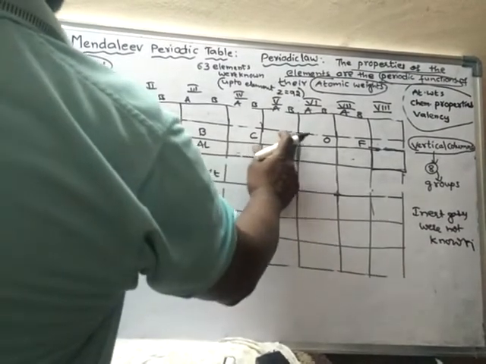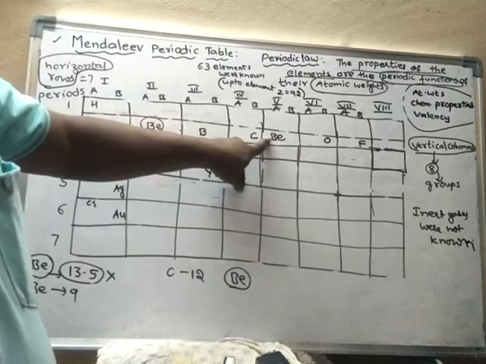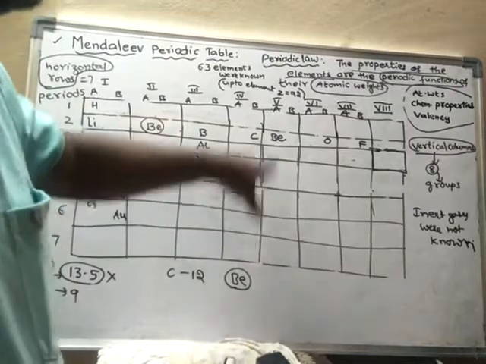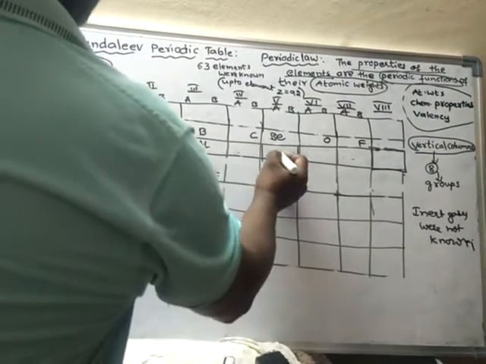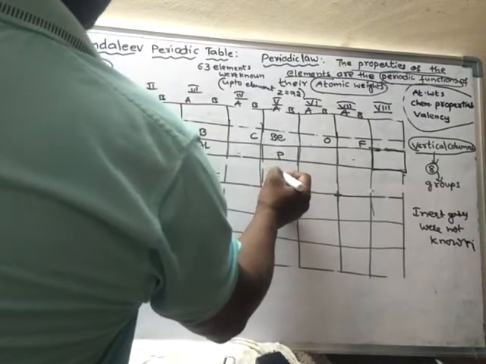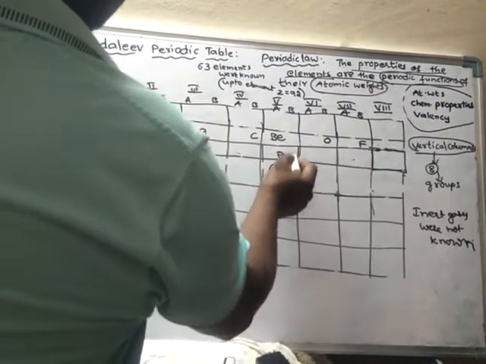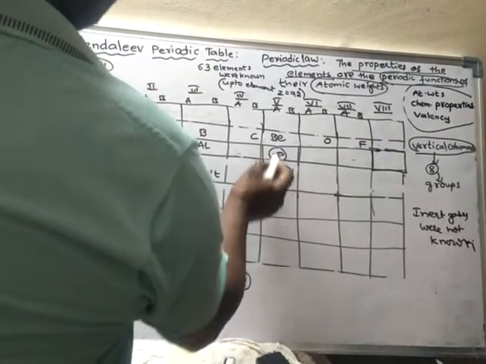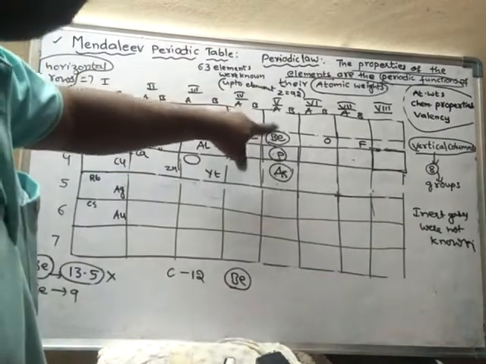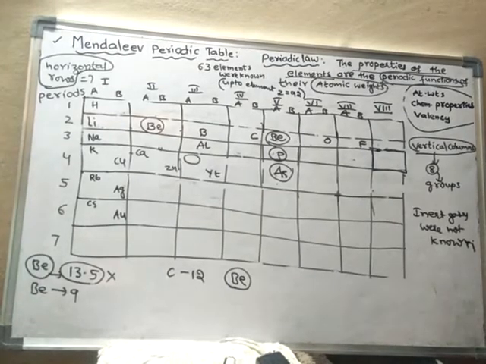Initially he placed beryllium here, and after filling that periodic table, the elements which are present along with beryllium, phosphorus, arsenic and so on, should match with beryllium in their chemical properties, because he said that all the elements which belong to a particular subgroup show similar chemical properties.